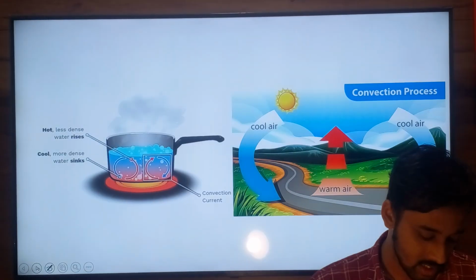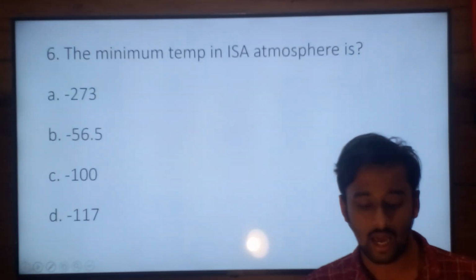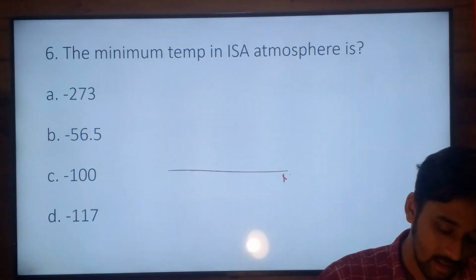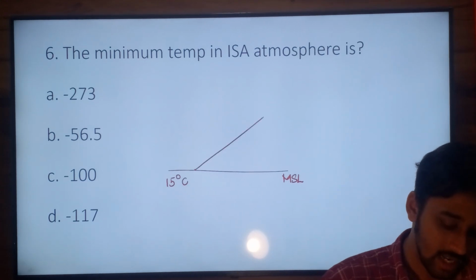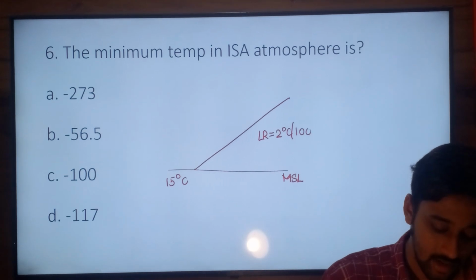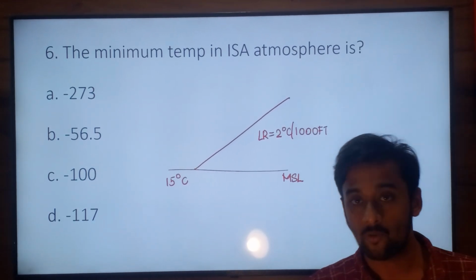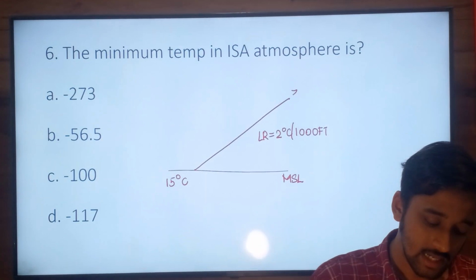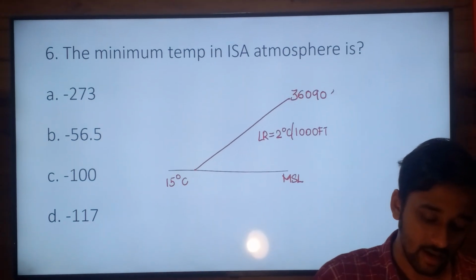Question number 6. The minimum temperature in ISA atmosphere. According to ISA, at mean sea level there is 15 degrees Celsius. Temperature lapse rate is 2 degrees Celsius per 1000 feet. So on and so forth, temperature will keep on decreasing with increase in altitude up to 36,090 feet.